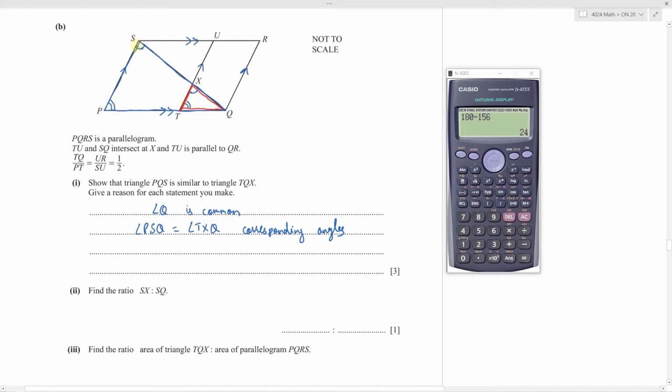Same reason: PS and TU are parallel lines, and this line PQ is passing through these two parallel lines, and these two form corresponding angles. So angle SPQ will also be equal to angle XTQ because these are also corresponding angles.